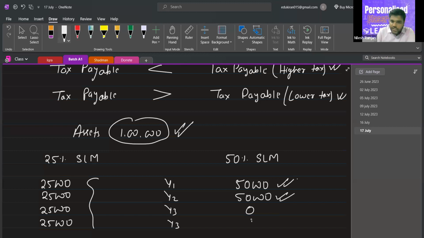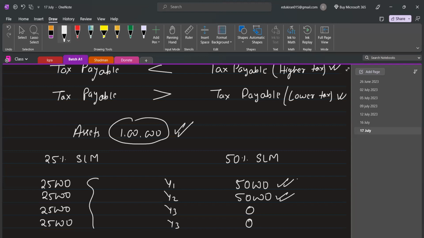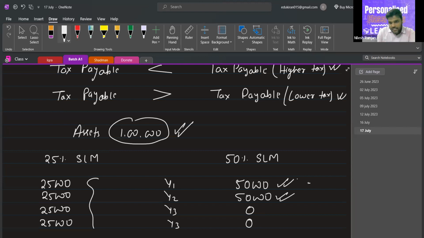But in the third year and fourth year, the depreciation is lower than the Companies Act. Yes or no? Yes, sir. So if you save tax in the first and second year, then you will be charged more tax in the third and fourth year. Yes or no?